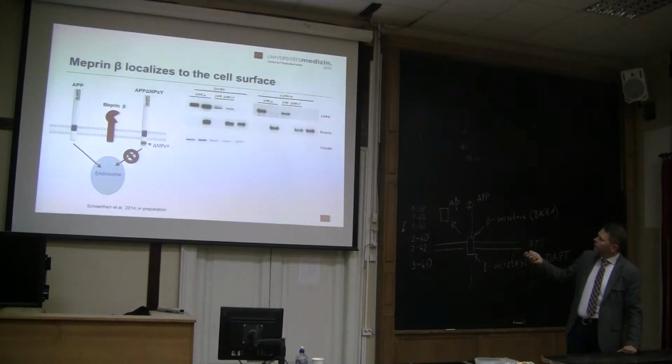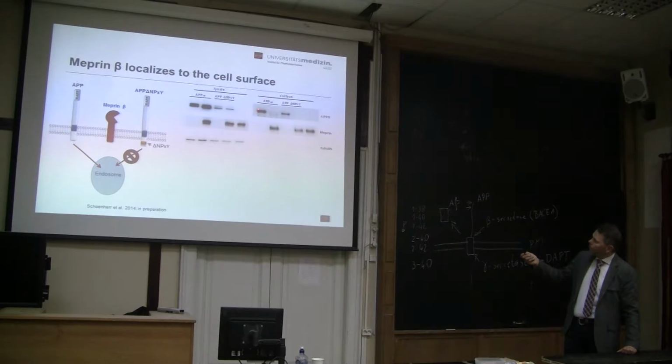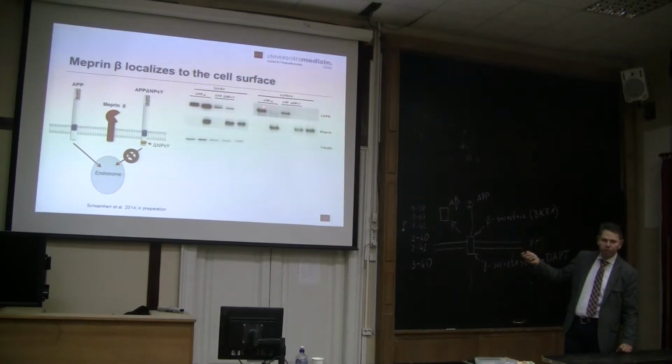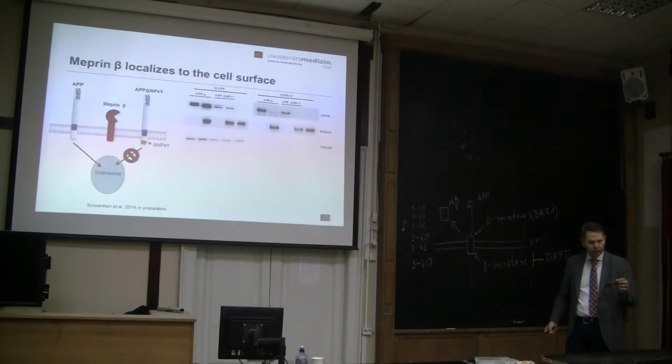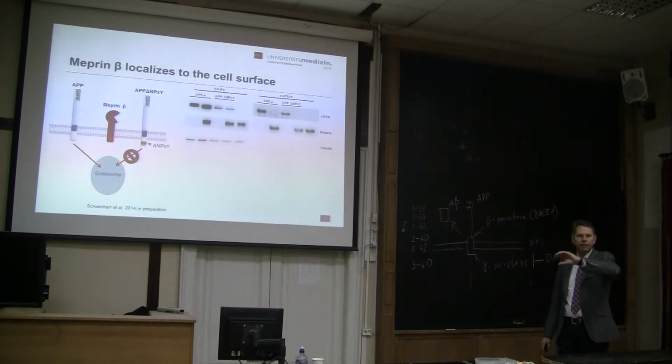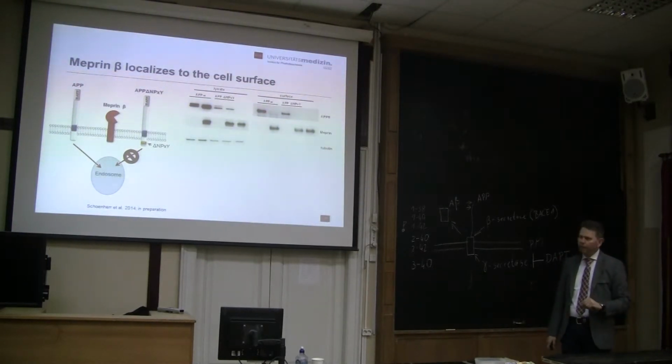And you can see here, at the cell surface, we have APP and we have APP delta NPXY. But as soon as we have co-expressed meprin, which is at the surface as well, APP is gone and APP delta NPXY is gone. Meaning, meprin cleaves APP either at the cell surface or shortly prior to reaching the cell surface.